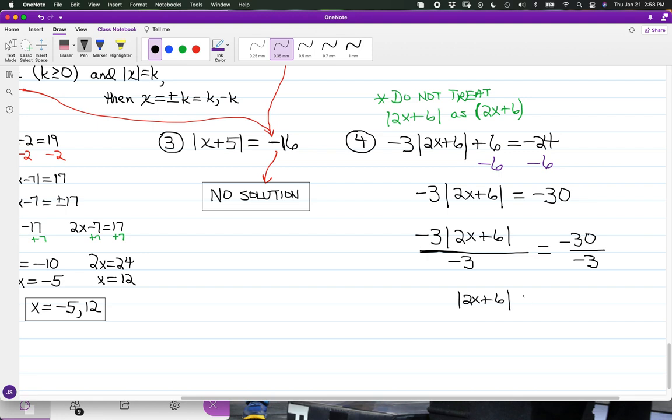And to the right, we have negative 30 over negative 3, so this will be a positive 10. Finally, it took quite a few operations to get it to the format of the absolute value of x is equal to k. Now the k value is going to be 10, and as I remove the absolute value bars, we have 2x plus 6 is equal to the numbers that will have a distance of 10 units away from 0. One at 10 and the other at negative 10.